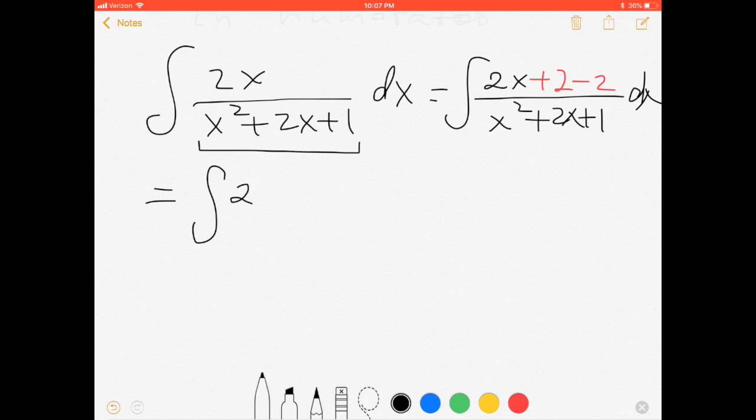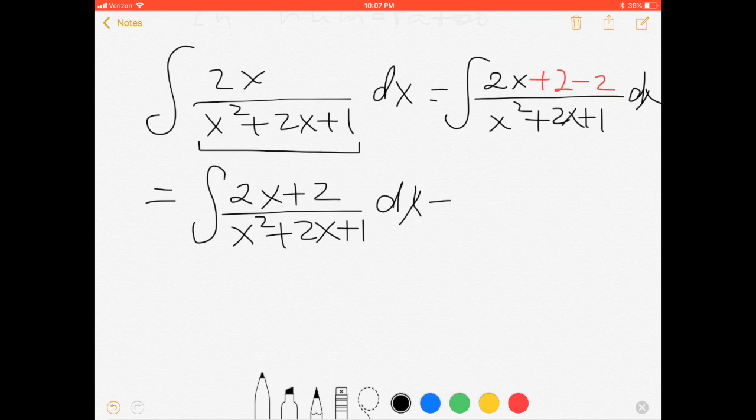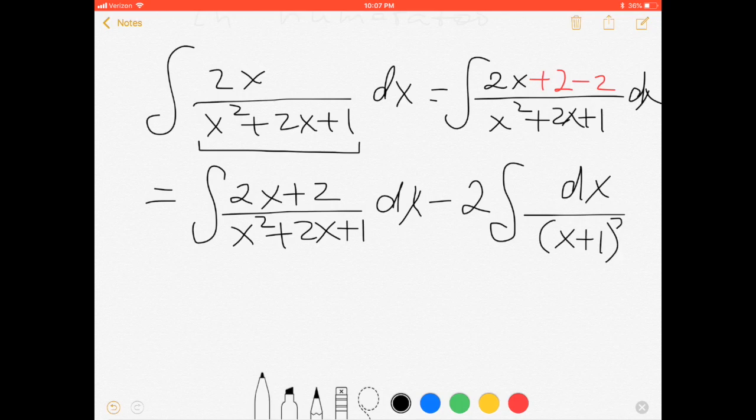One is (2x plus 2) over x squared plus 2x plus 1 dx. And second one, minus 2 integral dx over, if you look at the denominator, (x plus 1) squared.